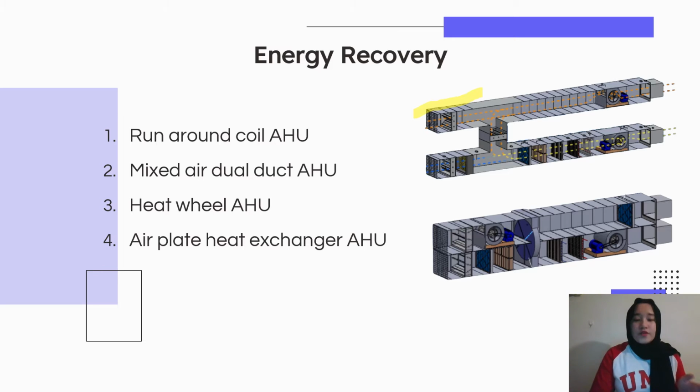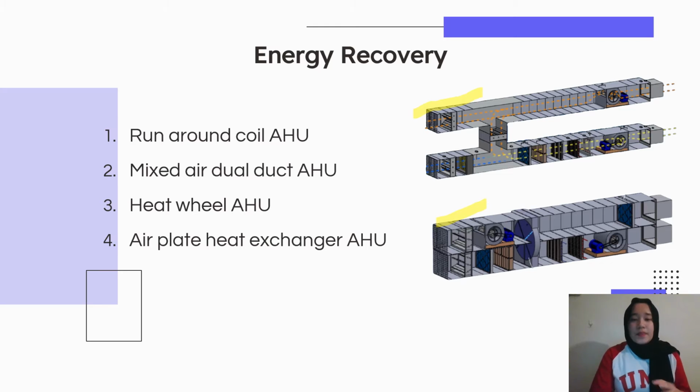Next is the heat wheel AHU. This is the diagram of the heat wheel AHU. It is very common in newer compact AHUs. It uses a large rotating wheel, driven by a small induction motor.